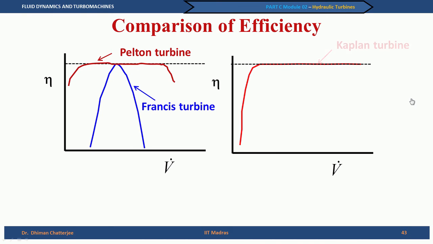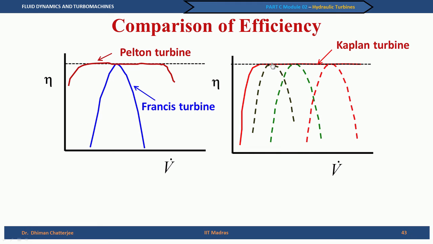So, we can say that if this is the Kaplan turbine efficiency curve, then the envelope of all of these individual efficiency curves is the Kaplan turbine efficiency curve, and these individual efficiency curves are like individual propeller turbine efficiency curves, because propeller turbine has a fixed runner blade. So, it has a limited or restricted range of operation over a volume flow rate.